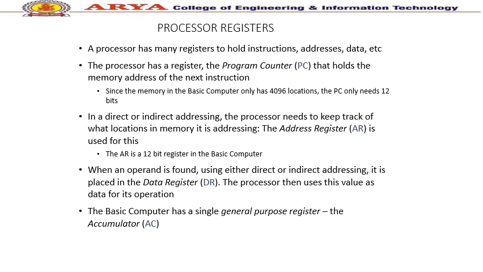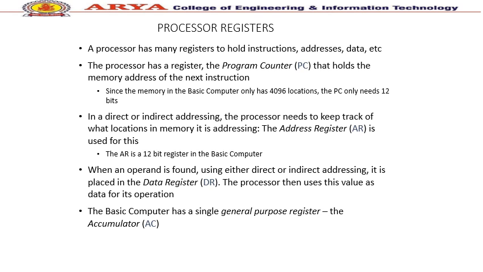Processor registers. A processor has many registers to hold instructions, addresses and data, etc. The processor has a register, the program counter PC, that holds the memory address of the next instruction. In direct or indirect addressing, the processor needs to keep track of what location in memory it is addressing.